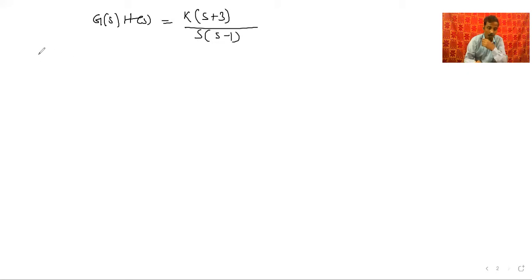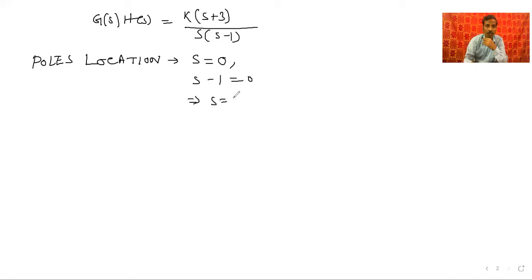In this case, the poles are at s equals to 0 and s minus 1 equals to 0, then s equals to 1. So the poles location is s equals to 0 and s equals to 1.